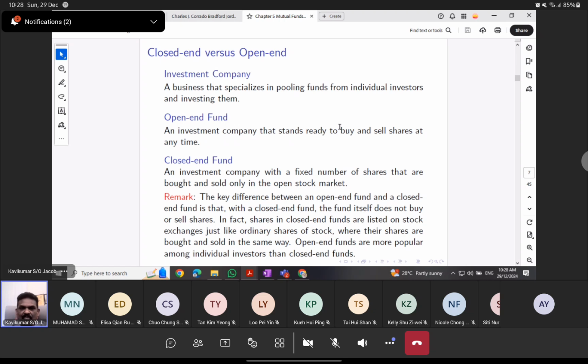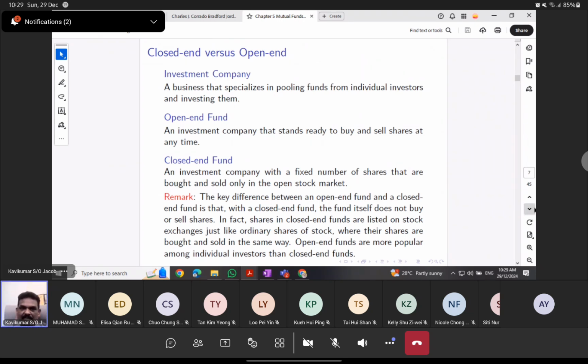Not like an open-end fund. Open-end fund means you can use that fund to buy and sell. Closed-end means you have to go to the open stock market, register there, and through them you can buy and sell. So you cannot get money directly. You have to go through some procedure to get some money.